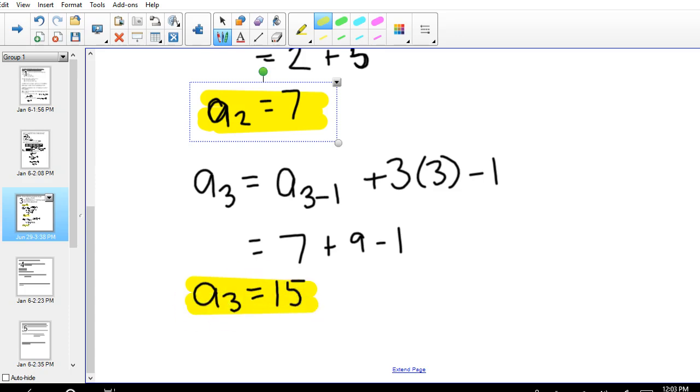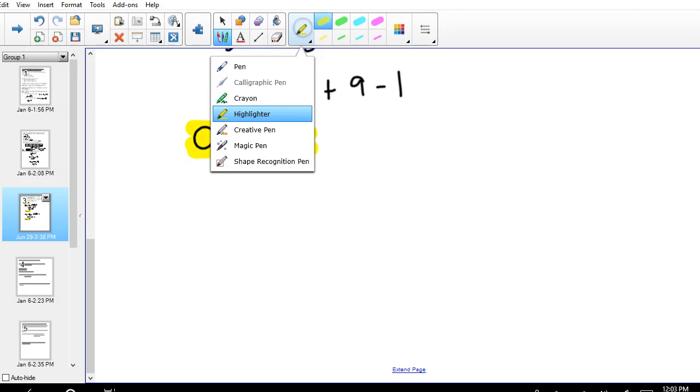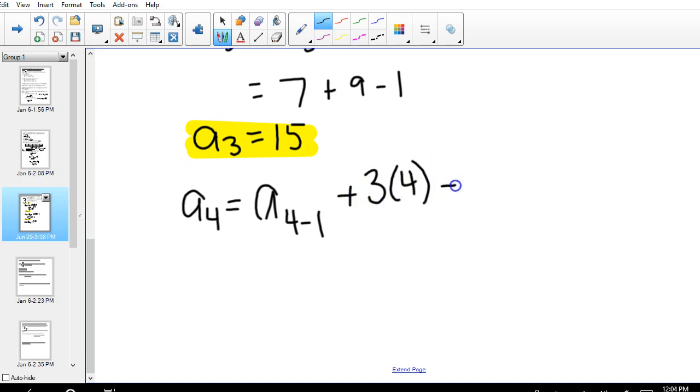So we were given the first one. We found the next 2. Let's find one more, okay? So we're looking for a sub 4. That's going to be a sub 4 minus 1 plus 3 times 4 minus 1. And a sub 4 minus 1 is a sub 3. A sub 3 is 15, plus 12 minus 1.